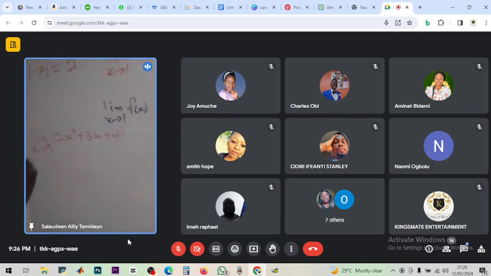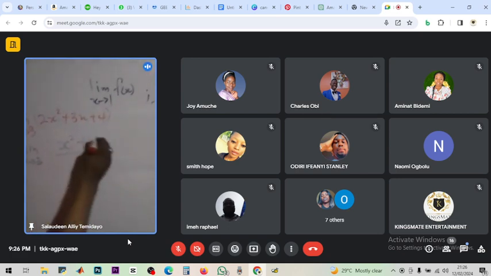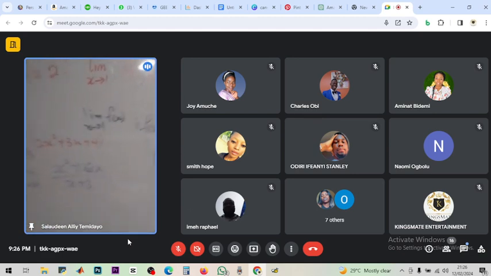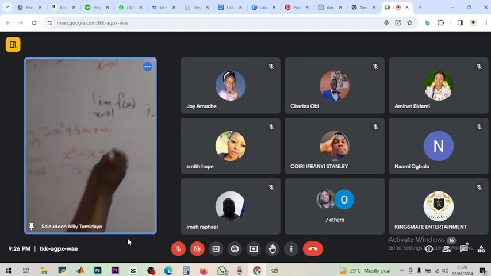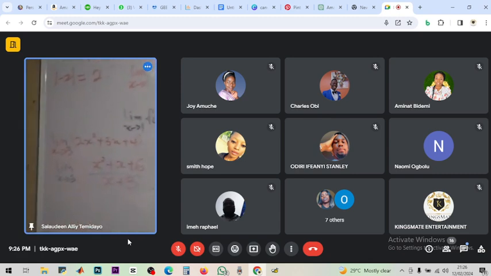So now, limit x to 3 for x squared plus x plus 6 over x plus 3.